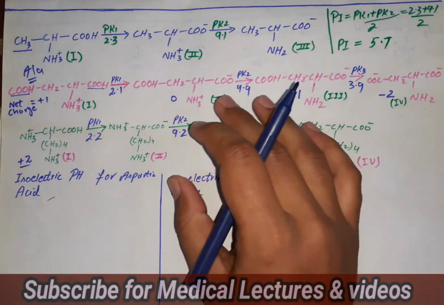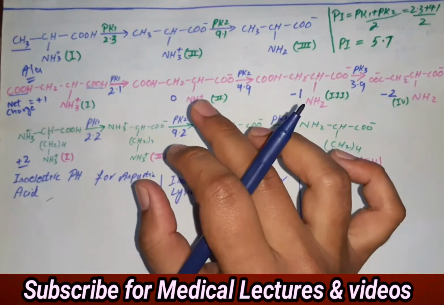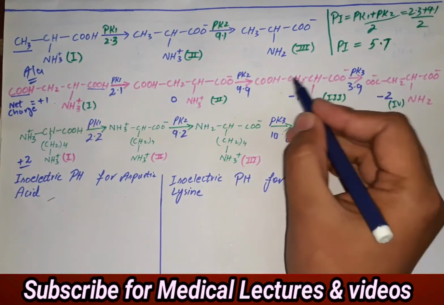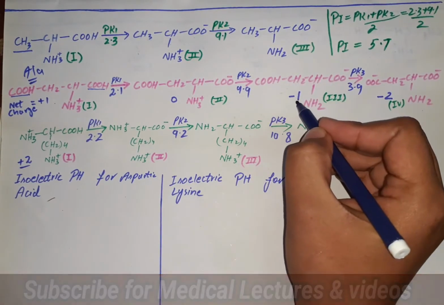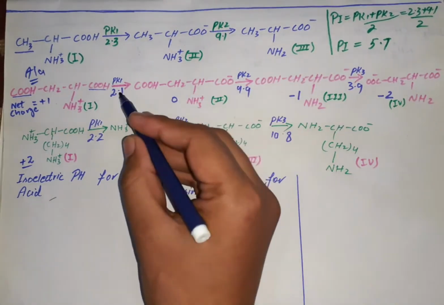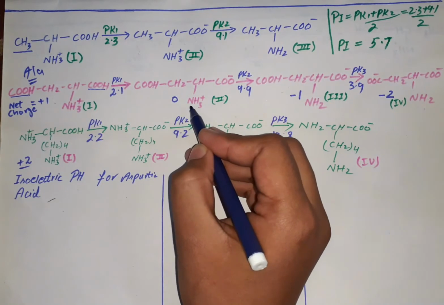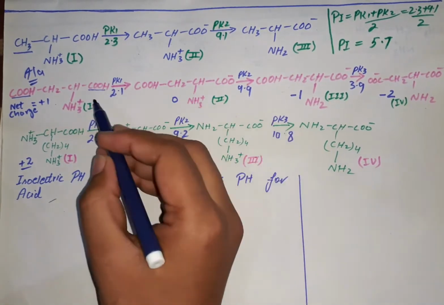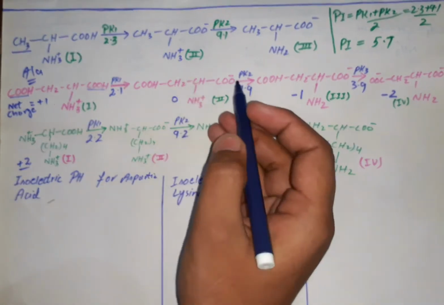So we have to use the two pK values between which the net charge on the amino acid is 0. When we take pK2 and pK3 into account, the net charge between them is -1, so we cannot use pK2 and pK3. But in the case of pK1 and pK2, the net charge on the amino acid is 0. So in order to calculate the isoelectric pH of aspartic acid, we have to use pK1 and pK2.